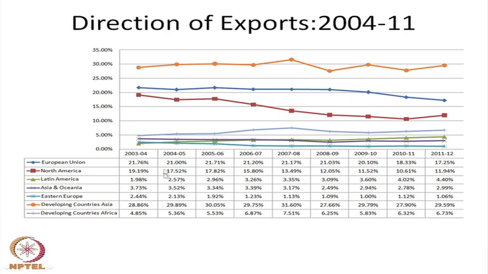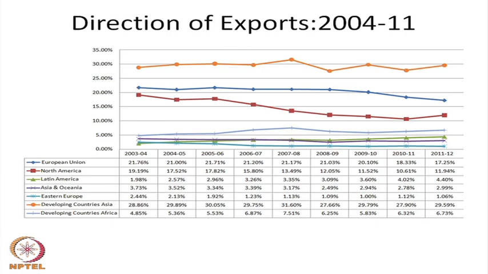But if you look at the percentage of export from India's side, the four major partners are the European Union, North America, developing Asia and developing Africa. However, we have not explored developing Africa, because Africa is an unknown zone for trade so far.